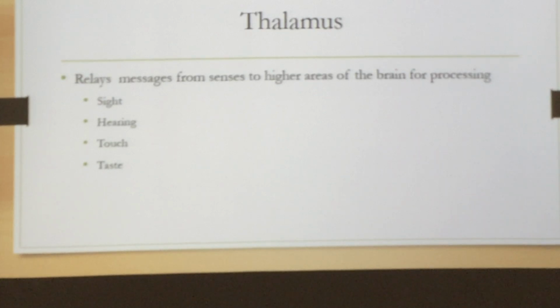Well, the thalamus is part of that optical pathway. And the thalamus will relay the information to a different part of the brain for higher processing. You hear a special song.